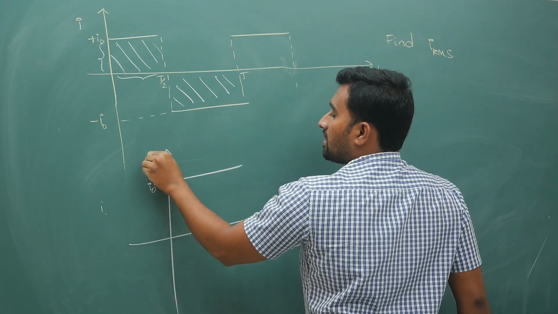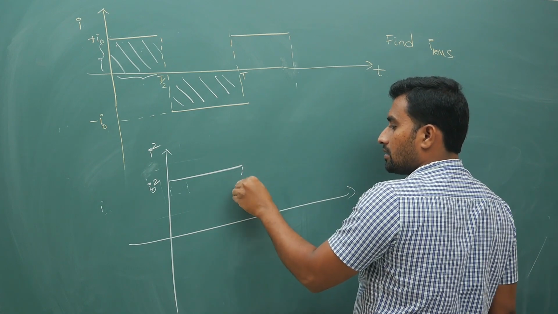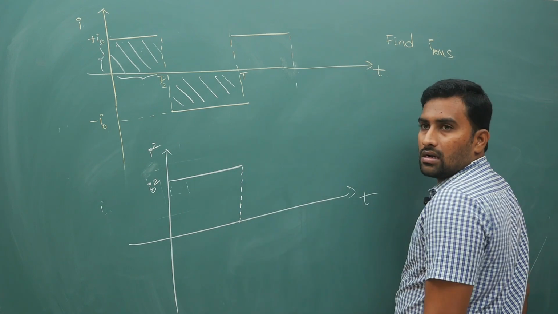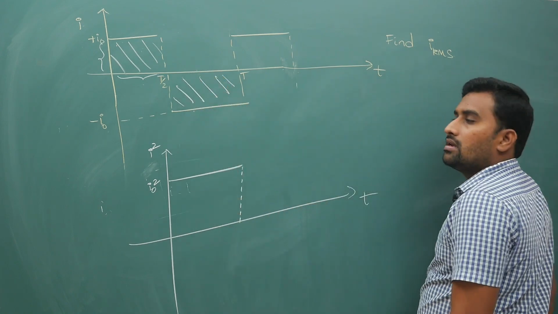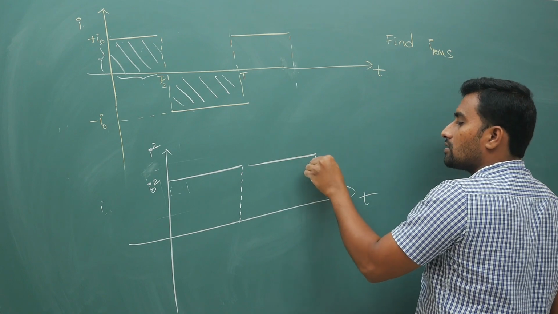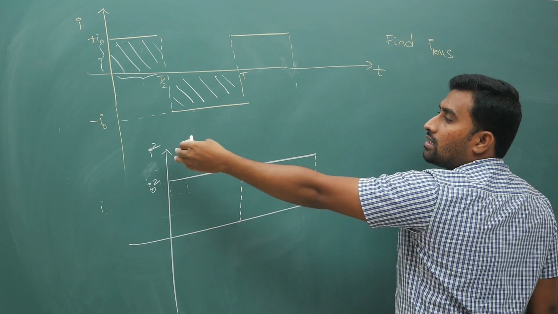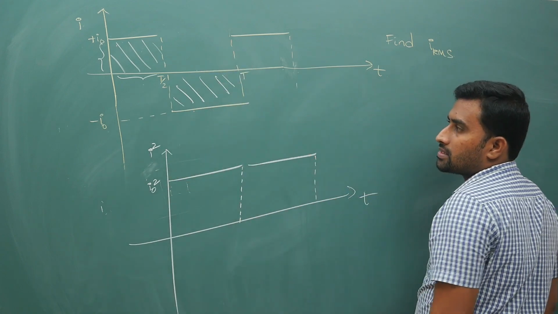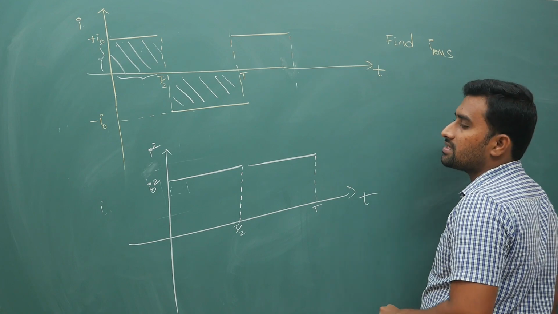From here to here, if you square it again, it is also I naught square, because minus I naught squared becomes plus I naught square. So for the first half cycle the graph is this, for the remaining half cycle it is this.